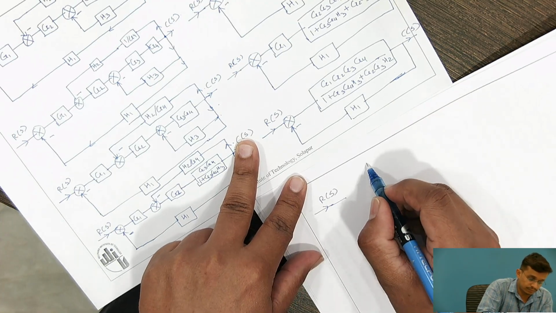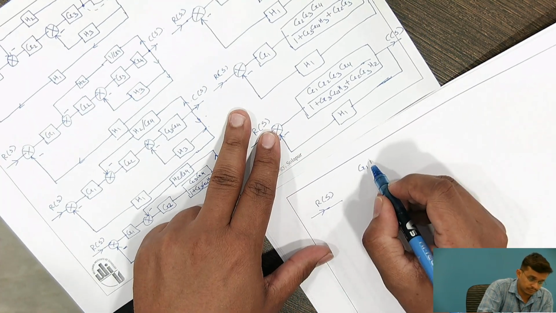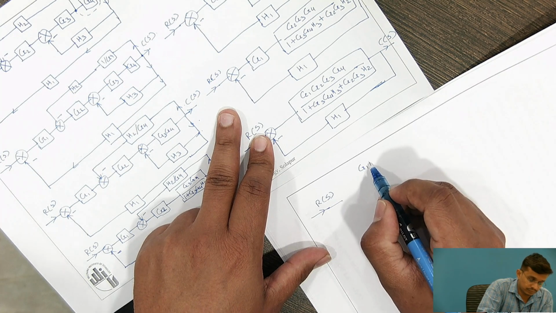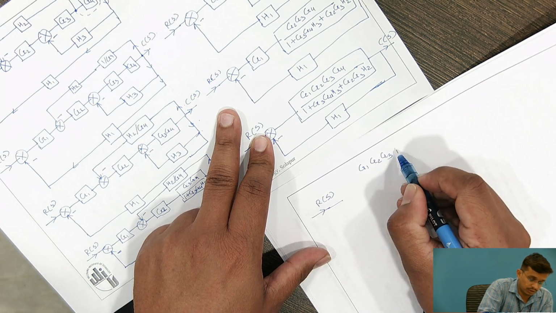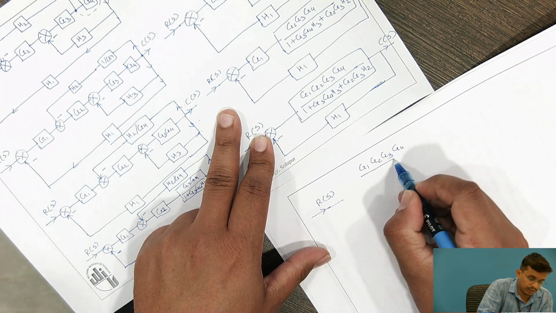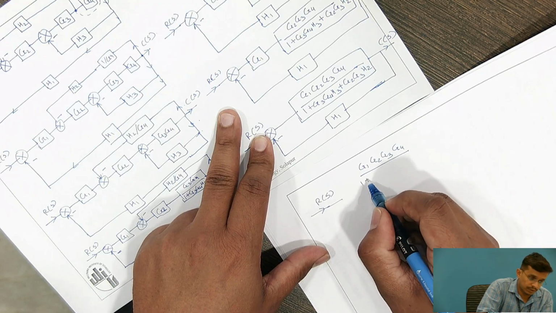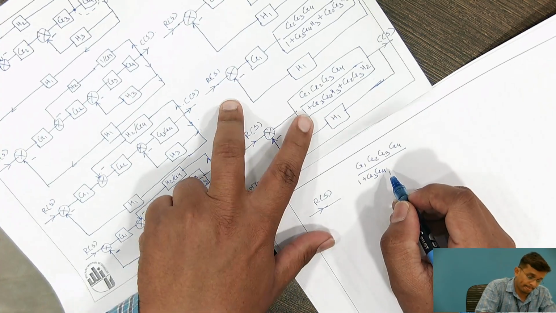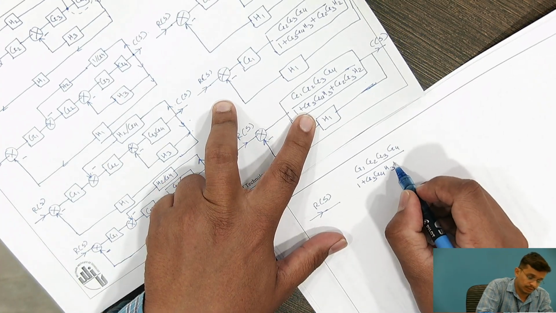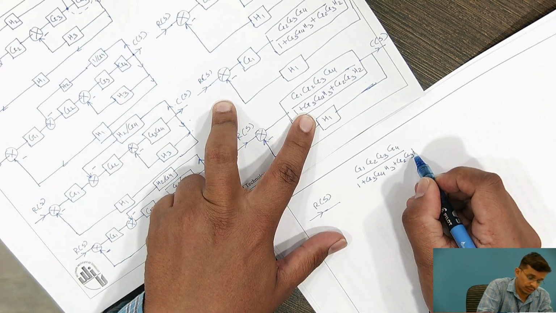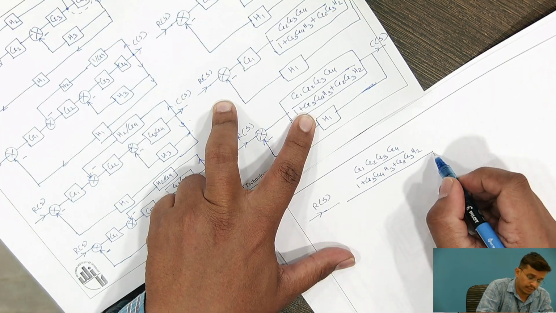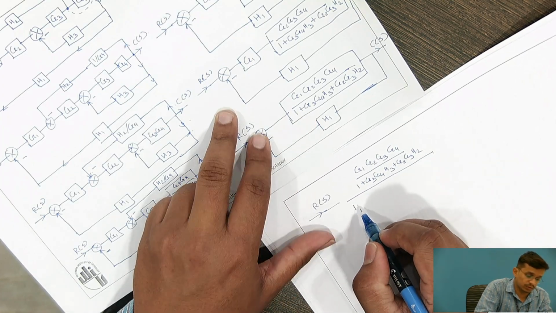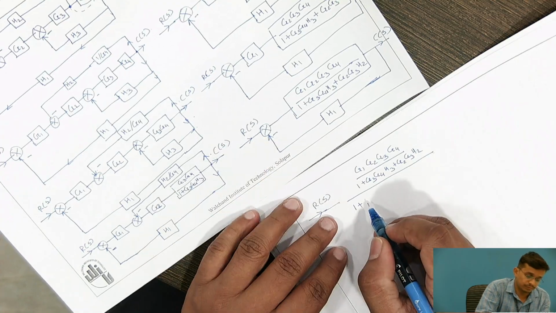So it will be G1 G2 G3 G4 divided by 1 plus G3 G4 H3 plus G2 G3 H2, divided by 1. Now this is negative, so it will be positive.